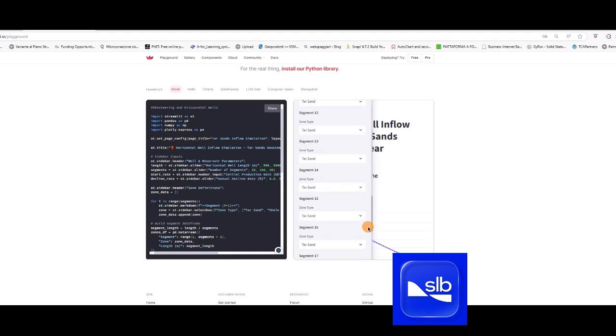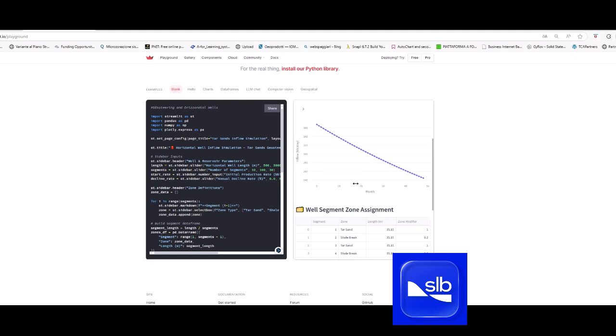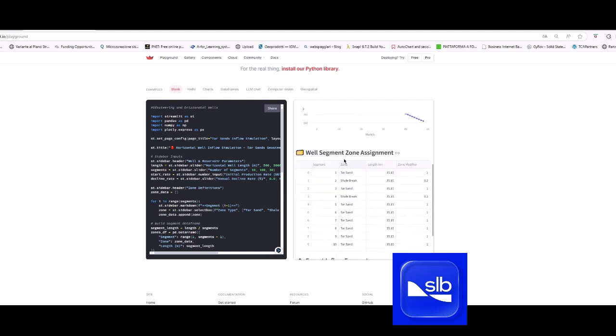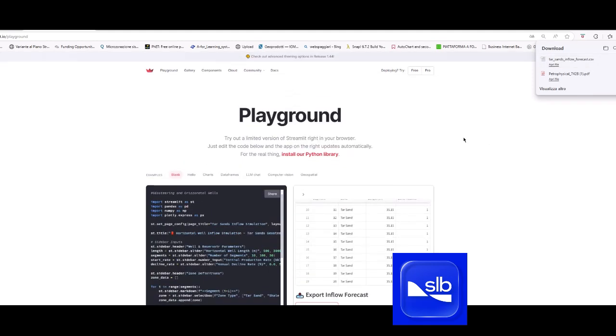We have this repetition, and finally we can have the result of inflow forecasting over time. So it is a plot, a provisional inflow forecasting of 15 months, around 4 years, and there is the well zone statistic, well zone assessment for the single zone, and we can export all data in CSV format.